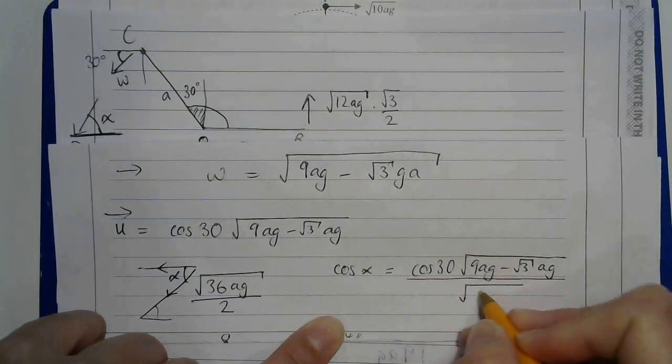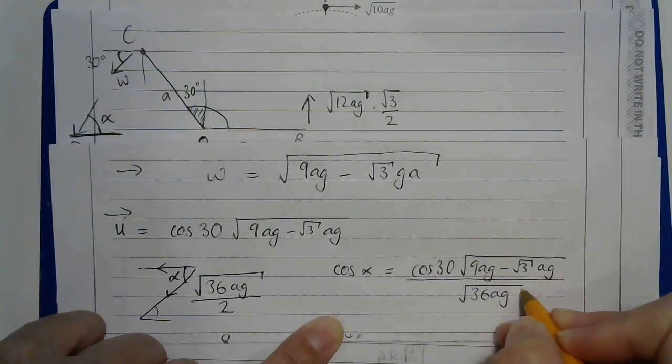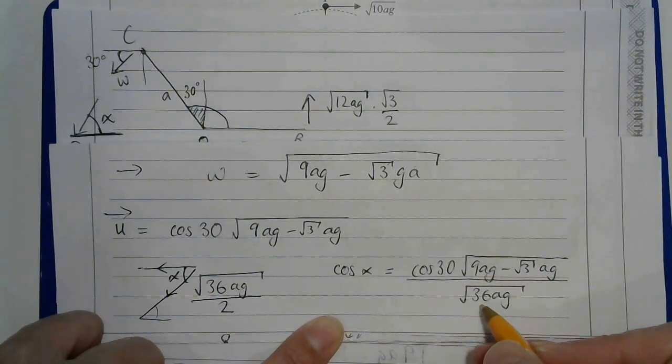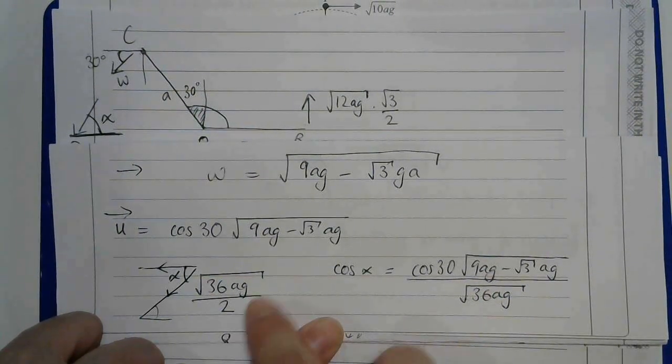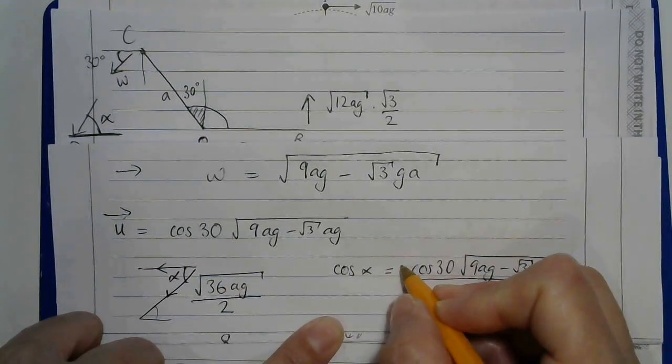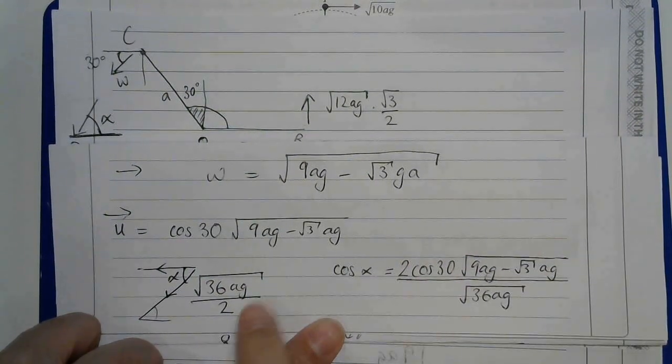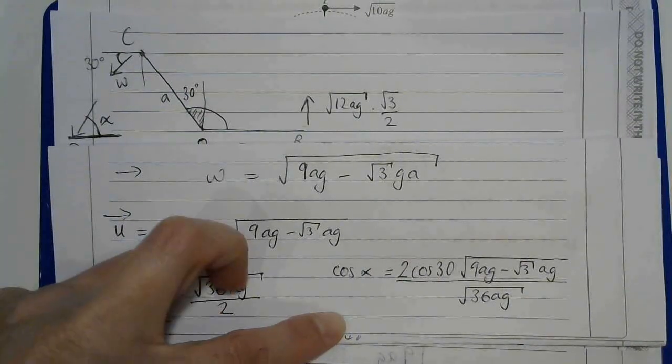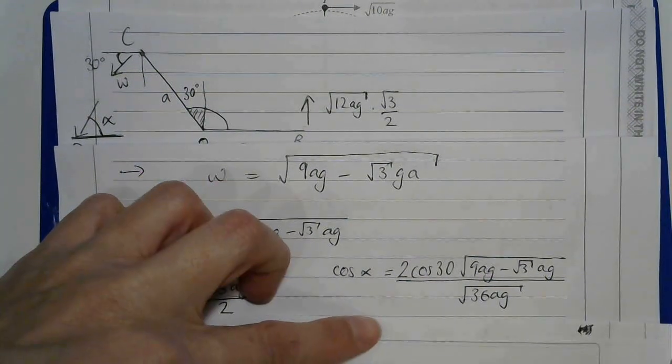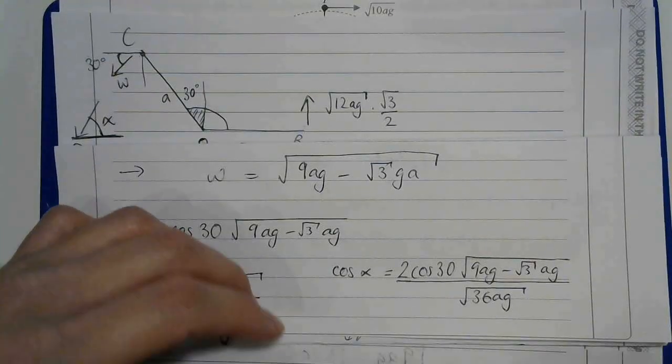So here I've got root 36 ag, and when I divide by all of this, that 2 will flip up to the top, because dividing by this is like multiplying by the reciprocal.